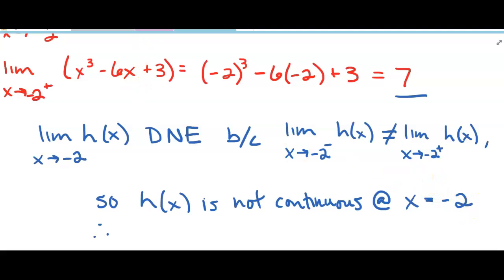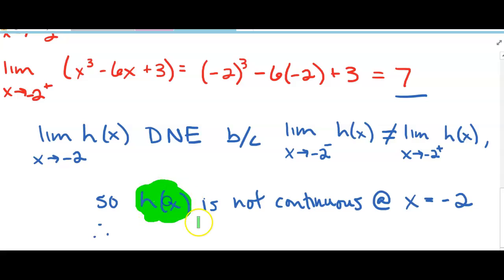When I'm looking at this justification, you could write this in a few different ways. I could have said h of x is not continuous at x equals -2 because the limit as x approaches -2 from the left is not equal to the limit as x approaches -2 from the right, so therefore the two-sided limit does not exist. You can move these pieces around, but it is vital that you say the what.